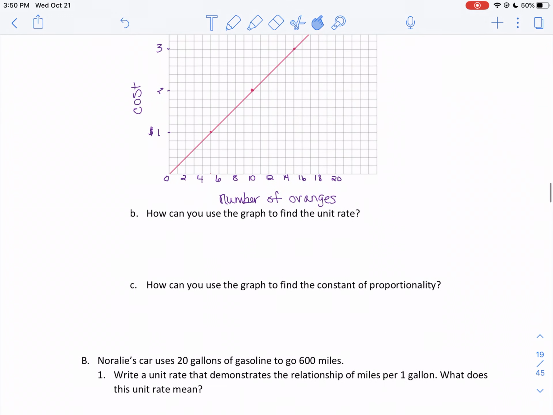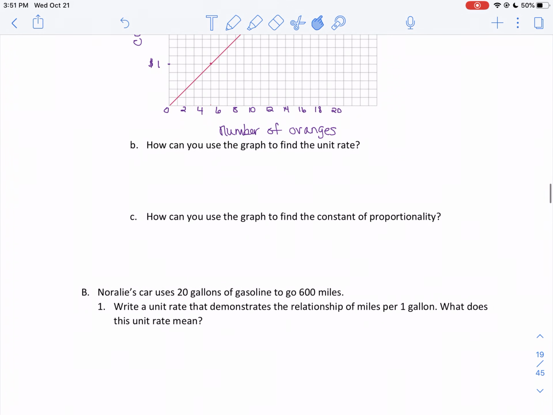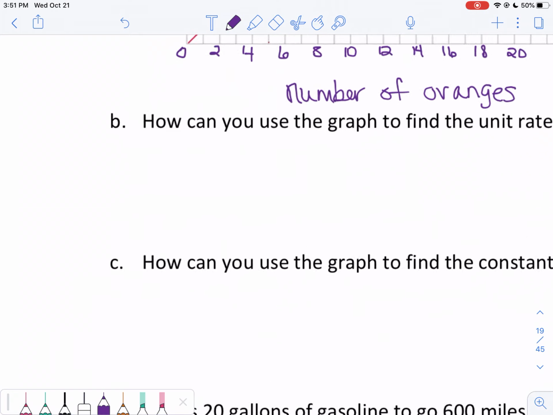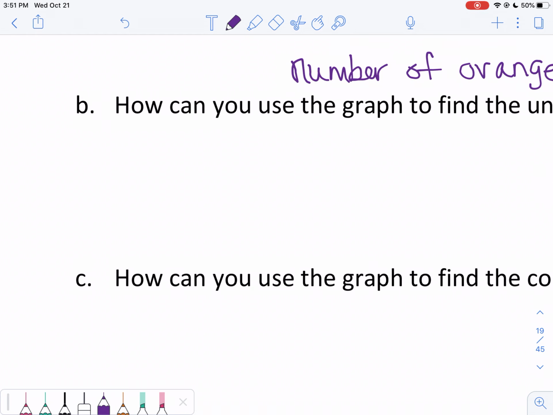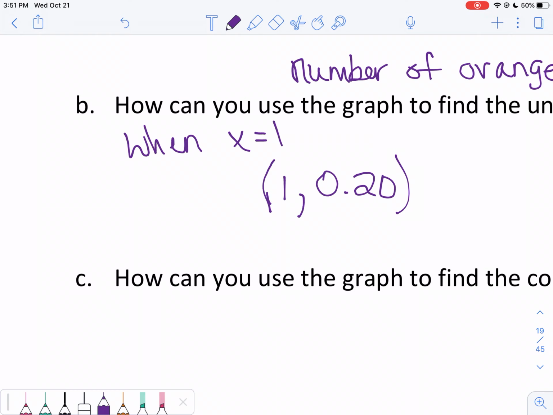Okay, so how can you use the graph to find the unit rate? Well, we just look at when x equals 1. So when x equals 1, y is 0.2.